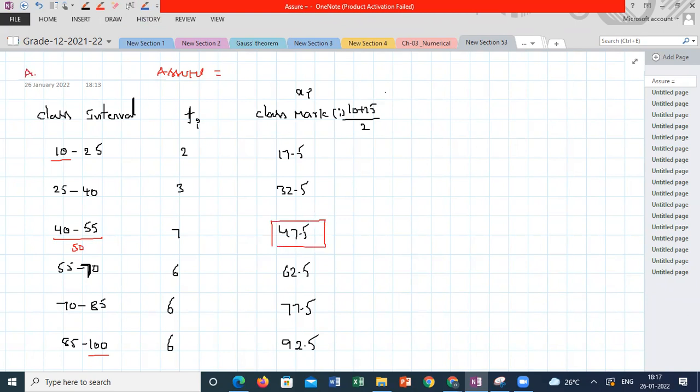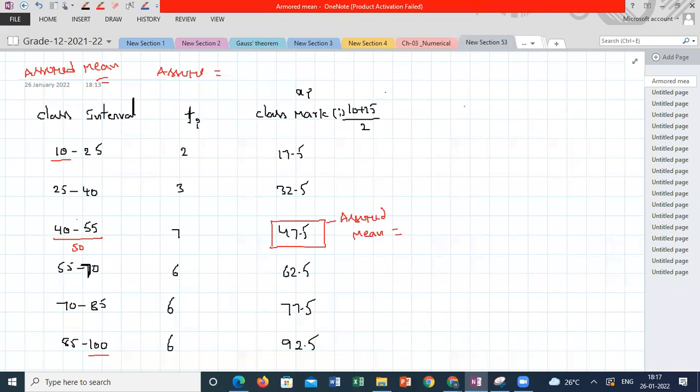So we are doing the assumed mean method. We assume one point as the mean, usually taking the midpoint.